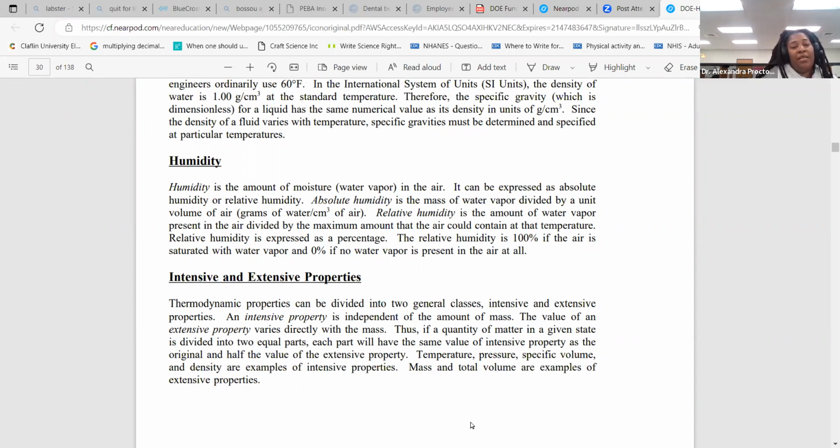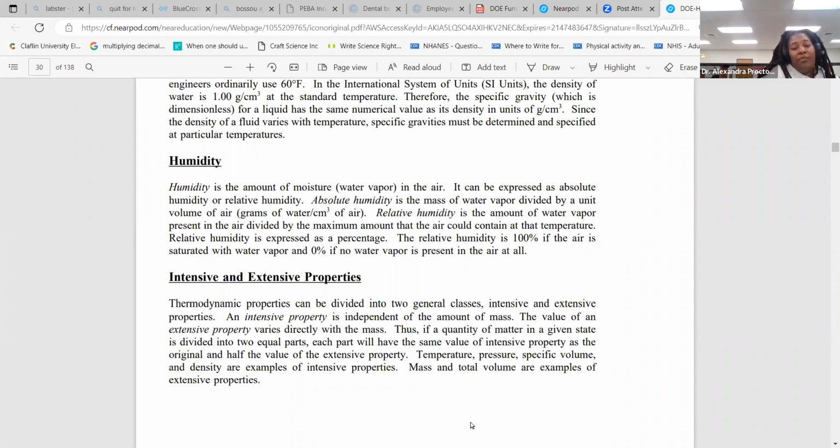And extensive properties vary directly with mass. Thus, if matter in a given state is divided into two equal parts, each part will have the same value of the intensive property as the original and half the value of the extensive property.